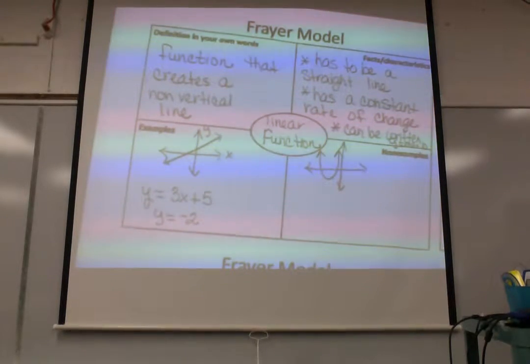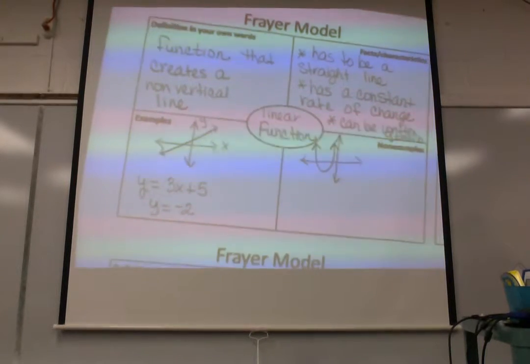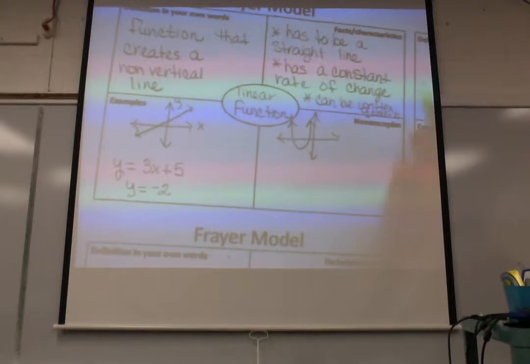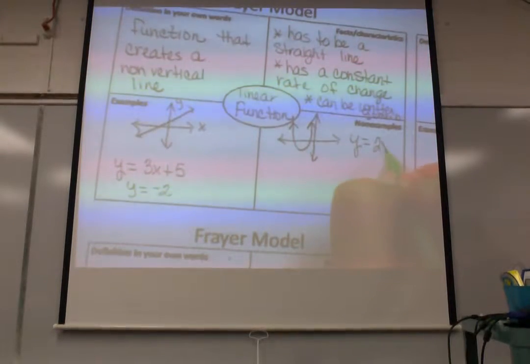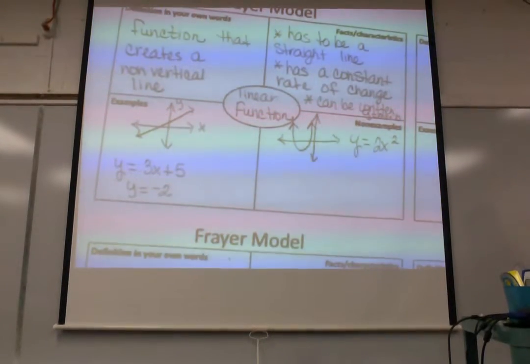They're also going to throw some equations at you in this section. So I want you to include some of those. If you look on my bulletin board over here, it has some different forms of equations.